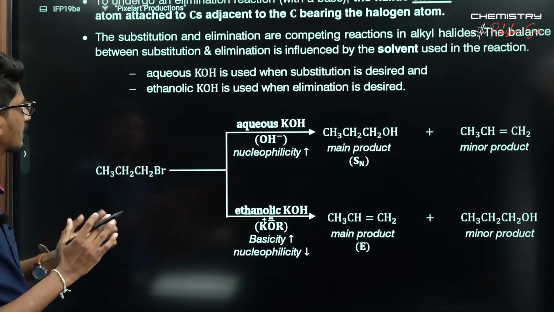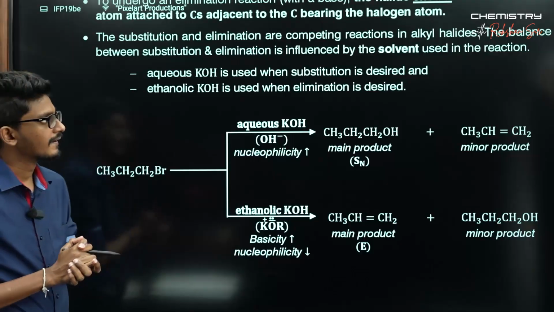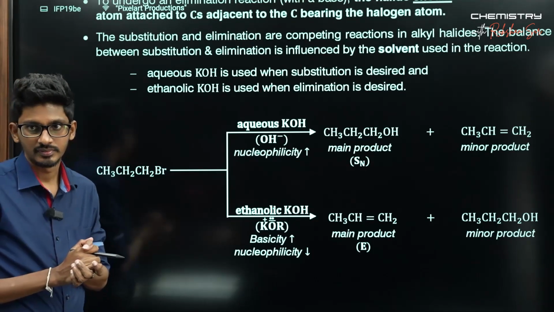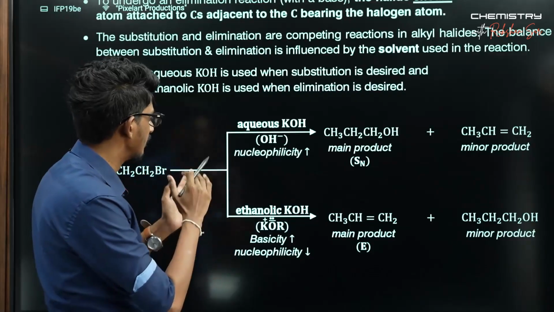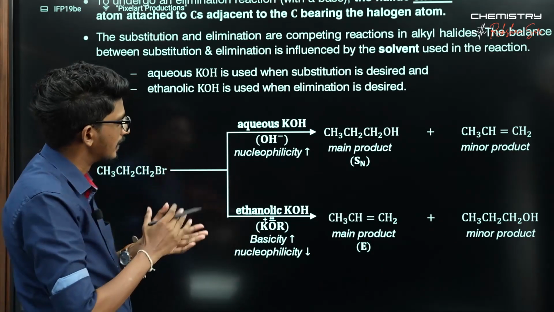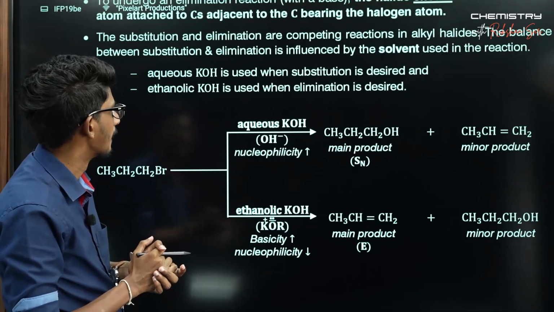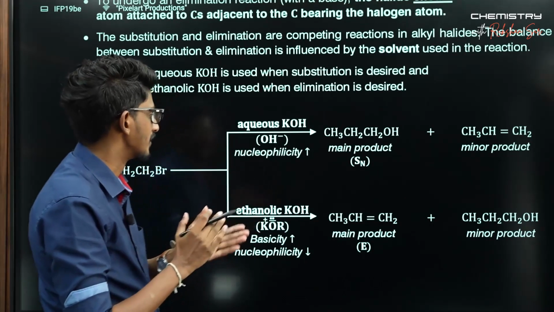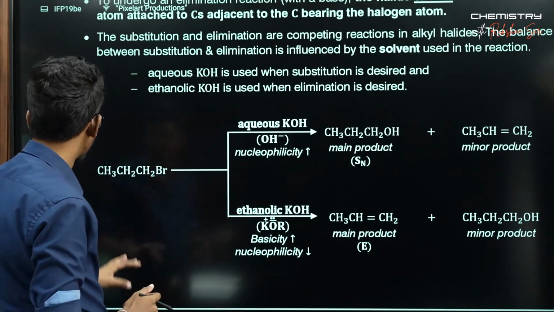The balance between substitution and elimination is influenced by the solvent we are going to use, right? That is what it says. So whether a nucleophilic substitution or an elimination is to be considered will be decided by the solvent again.